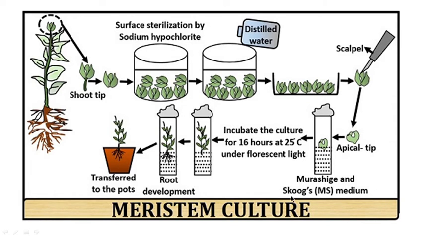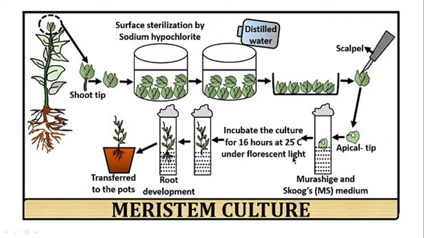Then it is cultured in a medium. Murashige and Skoog medium is used here for meristem culture, and the apical tip is placed in the culture medium aseptically. Then it is placed in an incubator for a period of 16 hours at 25 degrees Celsius under fluorescent light.